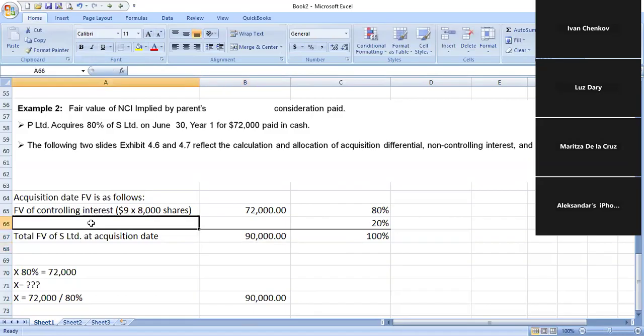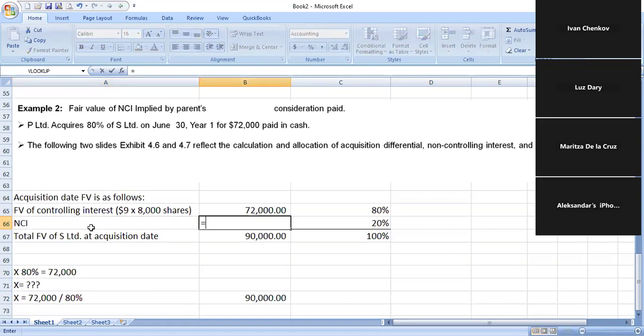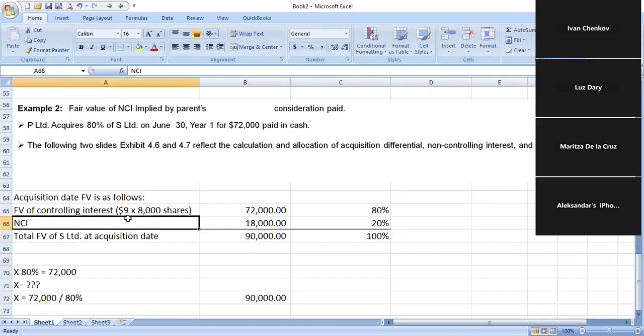So then can I get my non-controlling? How much will that be? 90 minus 72. It's going to be $18,000. That's how I'm implying the non-controlling interest.